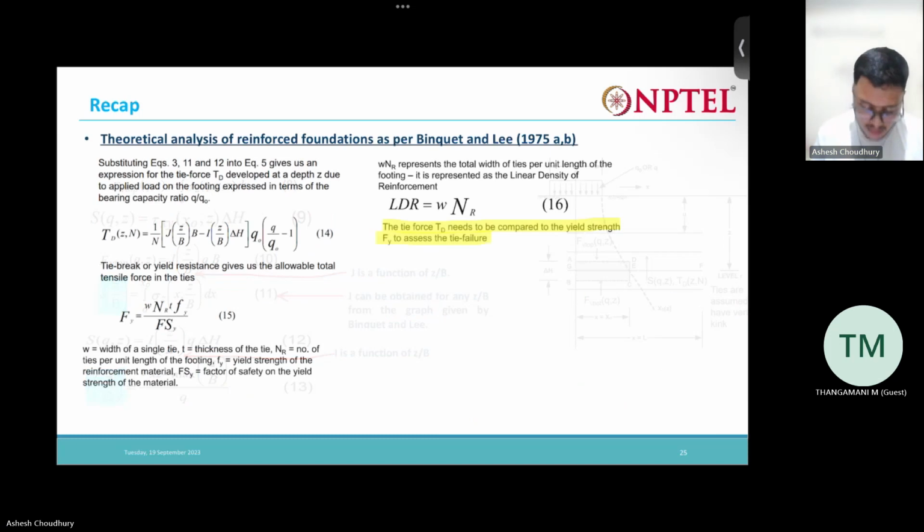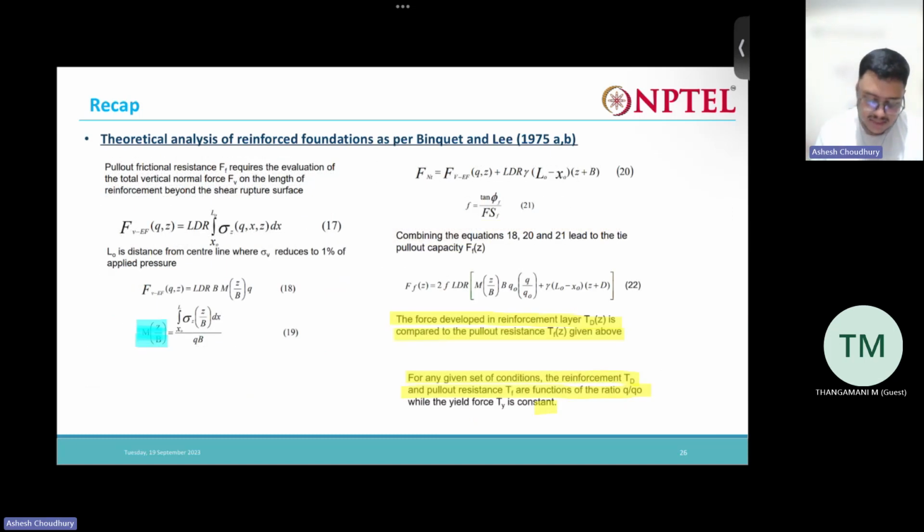The vertical force that is coming in that EF is given by LDR times the integral of sigma z dx. Linear density ratio times the integration of sigma z. What is sigma z?